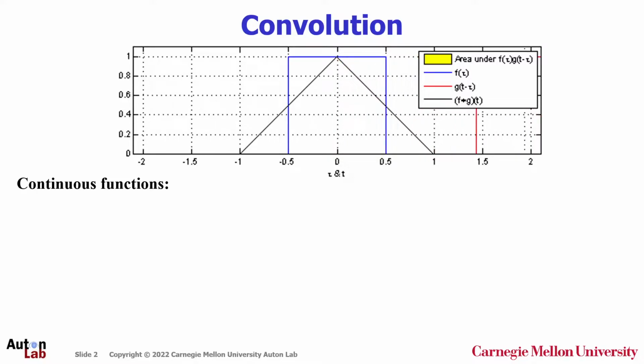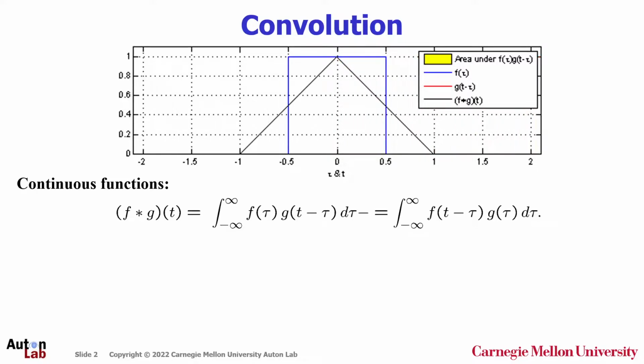The convolution is an operator that takes two functions f and g and creates a new function. This new function is denoted by f star g. The value of this f star g function at location t is defined by this integral here.